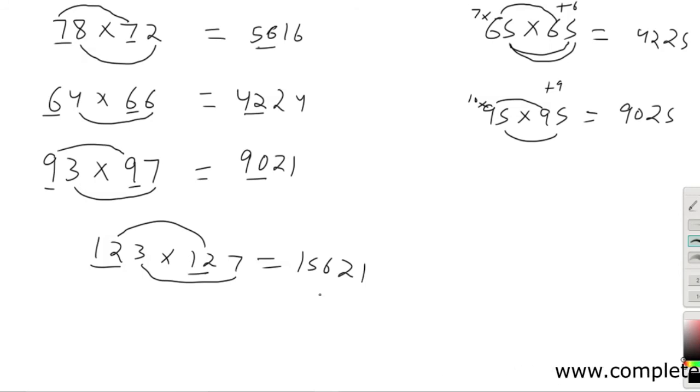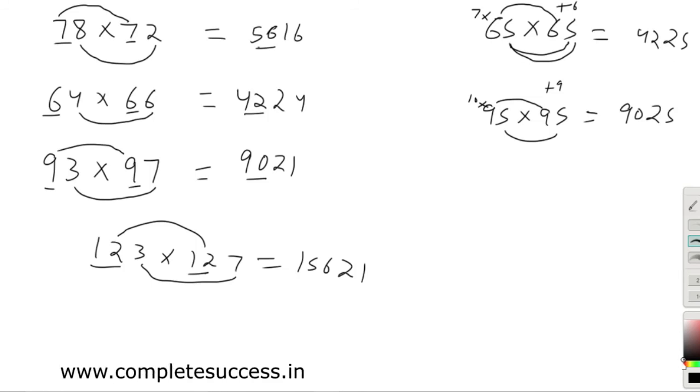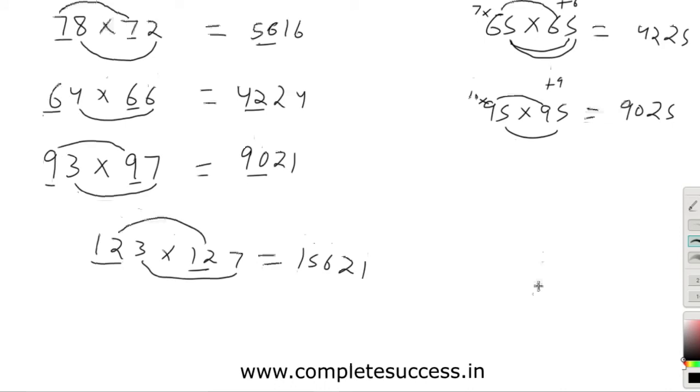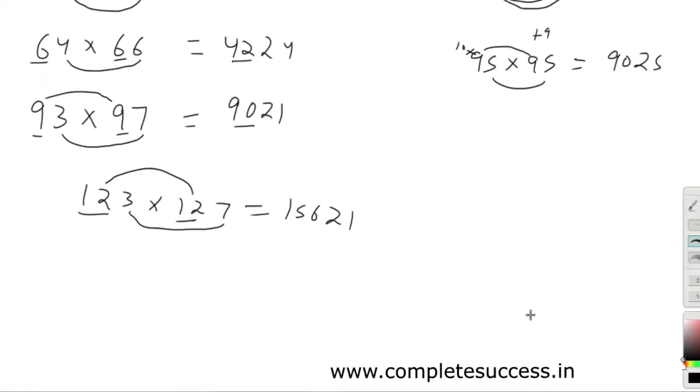Is it clear? But this formula applies only where the sum of the unit digits is 10 and the 10th place or even 100th place digits are same. You can't apply this formula on any number. Is it clear?